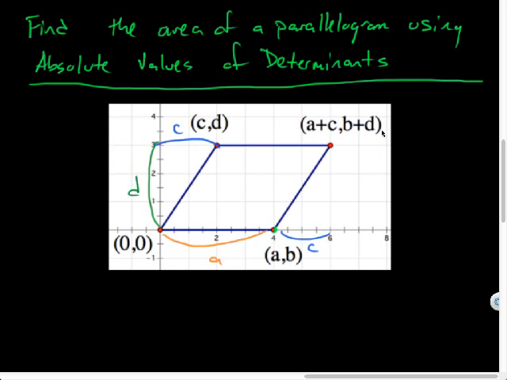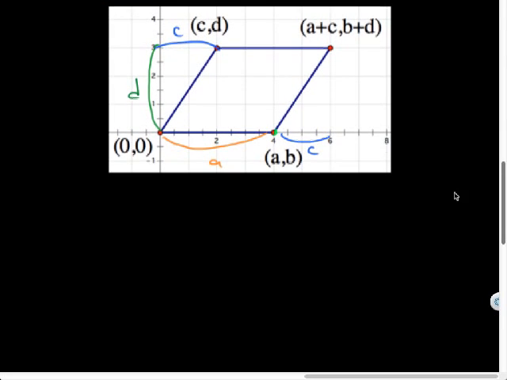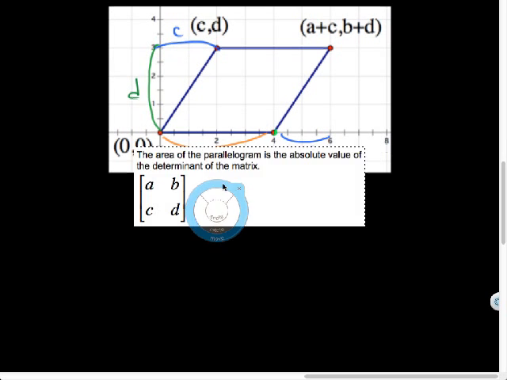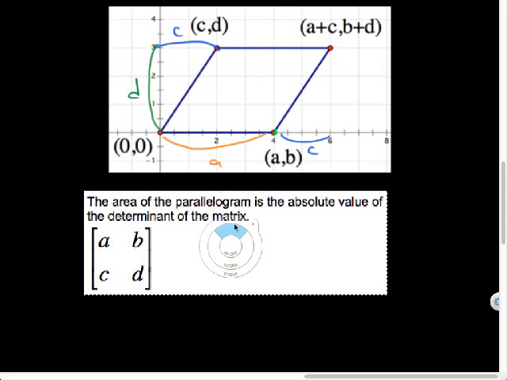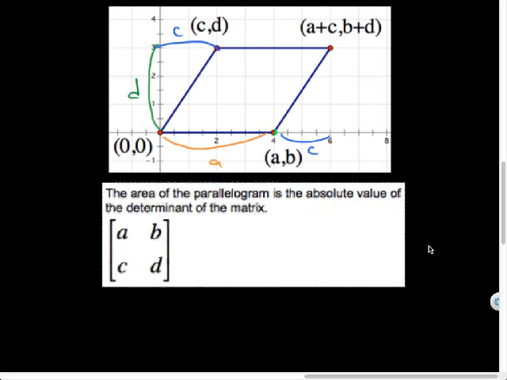Okay, so it turns out if I have a parallelogram arranged in this format, I can actually find the area by taking the absolute value of the determinant of this matrix. And to point this out, I just want to indicate that A, B, notice, are one of our points here, and C, D is this point up here.